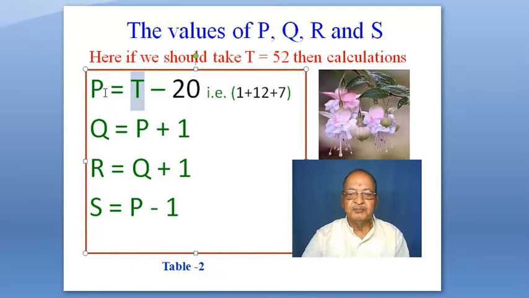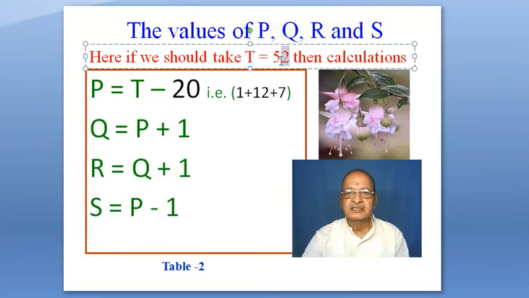After getting the value of P, we will calculate the rest of the values with P and then with Q, and then again using these we will get the rest of the numbers. P is obtained, it is 32. The total is 52, so 52 minus 20 is 32, and 32 you keep here.